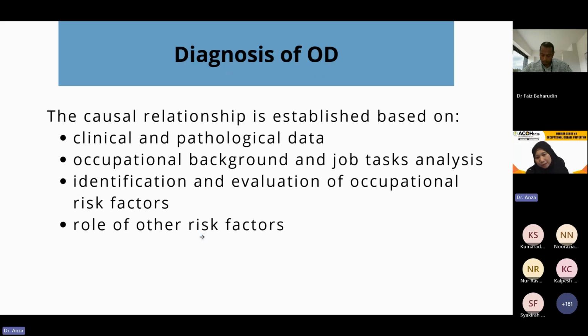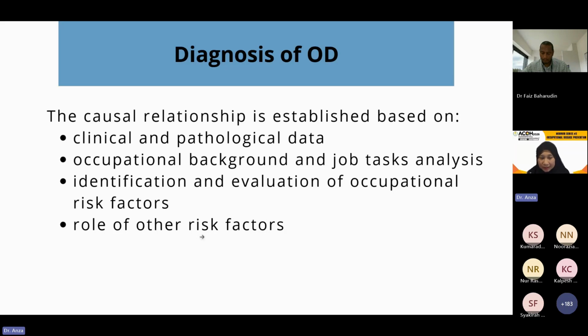So how do we diagnose an occupational disease? This is just an overview. It is a causal relationship which is established based on clinical data, based on the exposure at work and job task analysis.